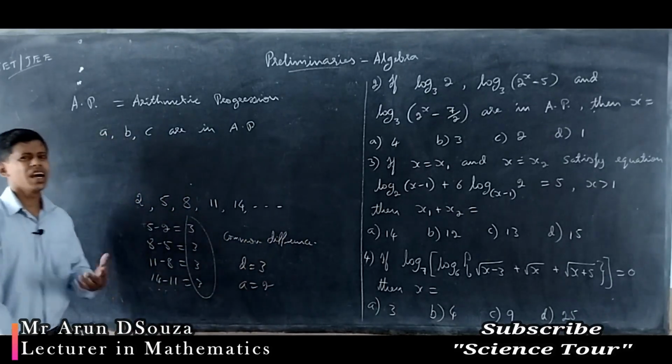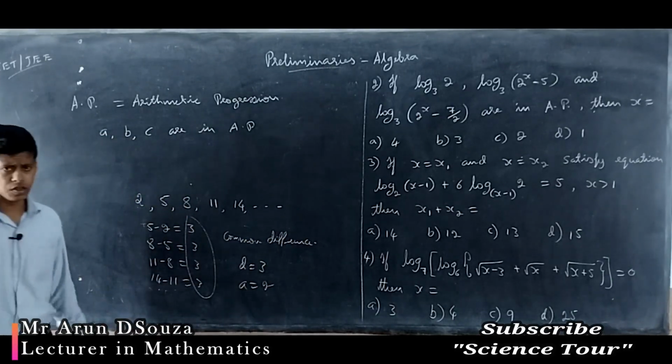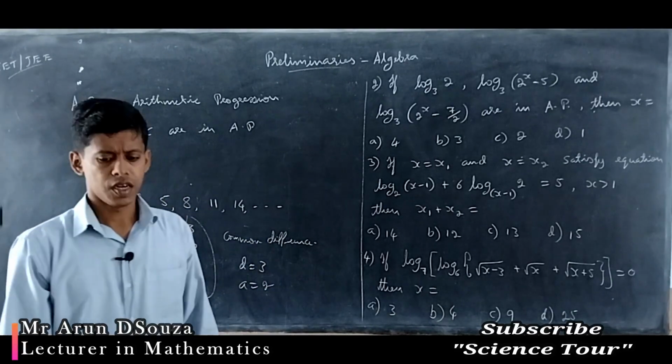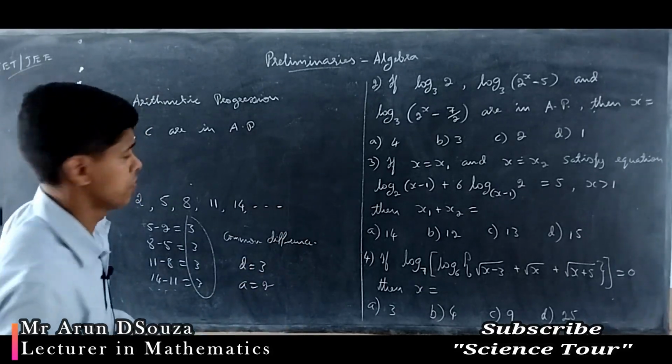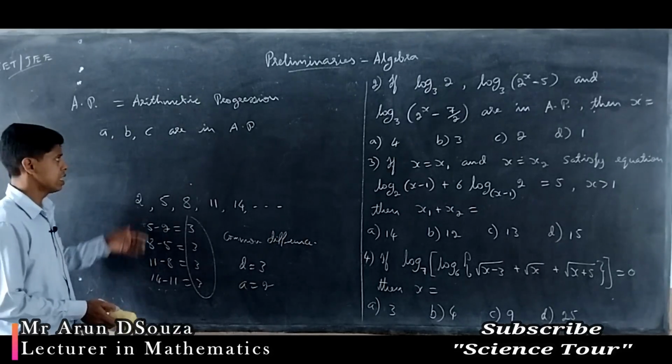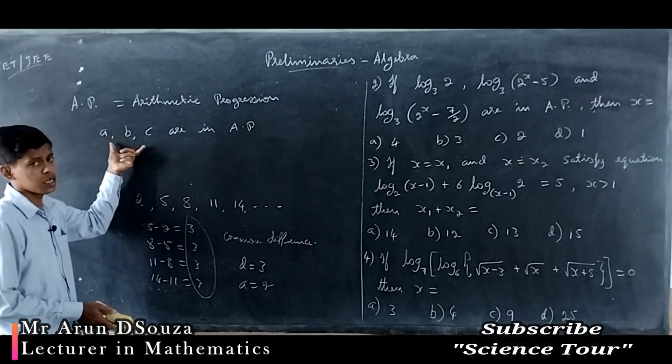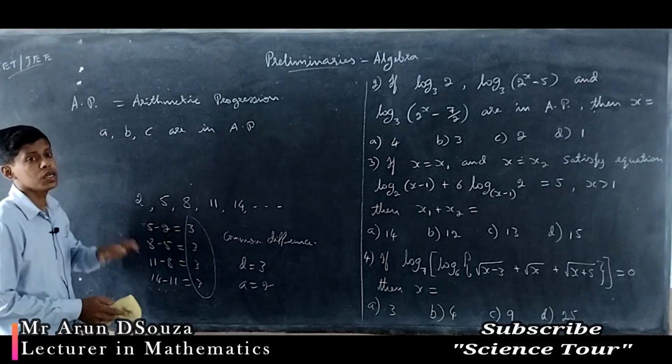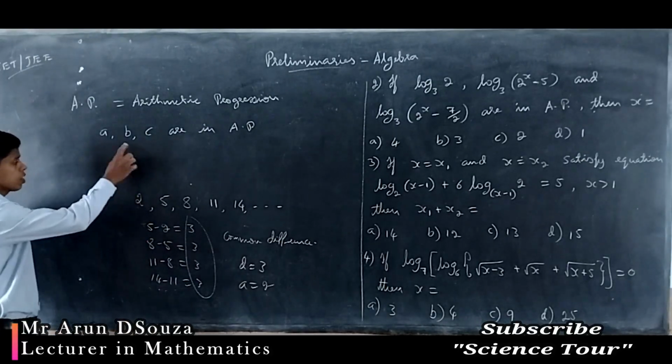Then you can find the sum of the AP and the nth term of an AP, all those formulas are there, but we don't need them now. But understand, when do you say 3 numbers are in AP? If there is a common difference. What do you mean by common difference?